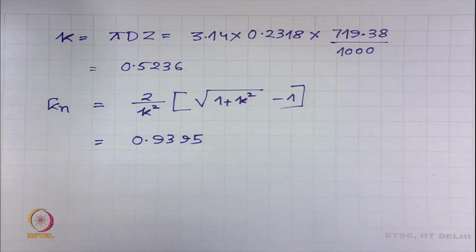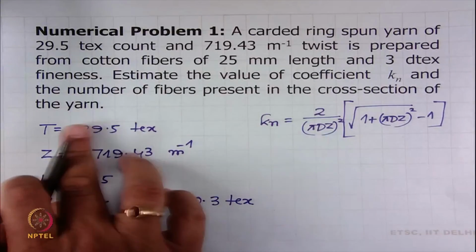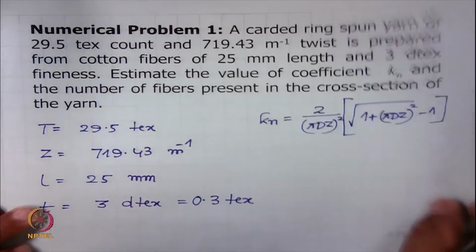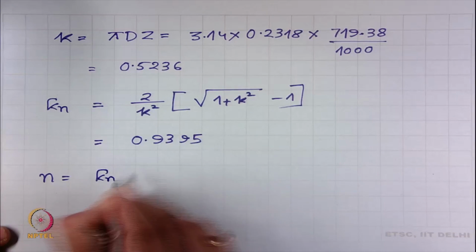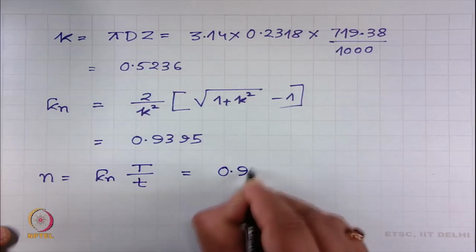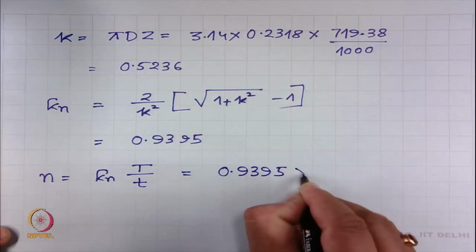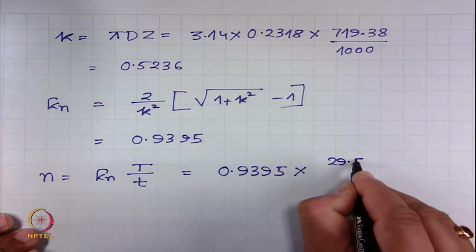The second part of the problem is the number of fibers present in the cross section of the yarn. Now, if you know Kn, the number is Kn times capital T by small t. So, what is your Kn? 0.9395. What is your capital T? Capital T is 29.5.